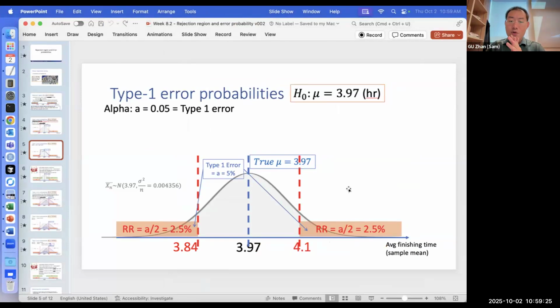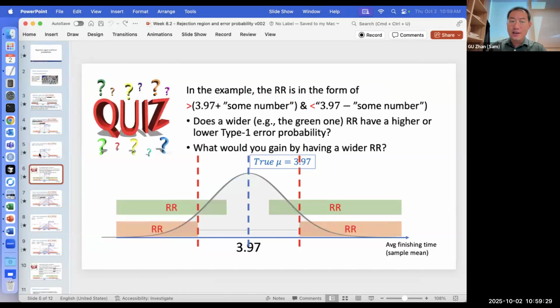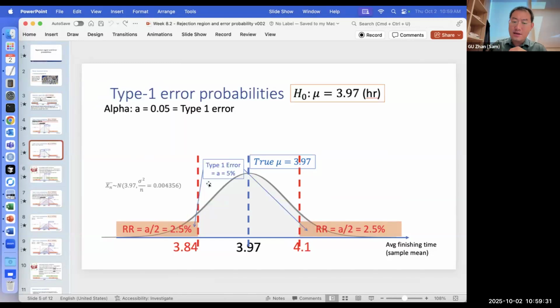Now we understand this, then we look at samples. If the sample mean falls within this confidence interval, it is not in the rejection zone, so we do not have sufficient evidence to reject the null hypothesis. If the sample mean is inside the rejection zone, then we have evidence to reject it.